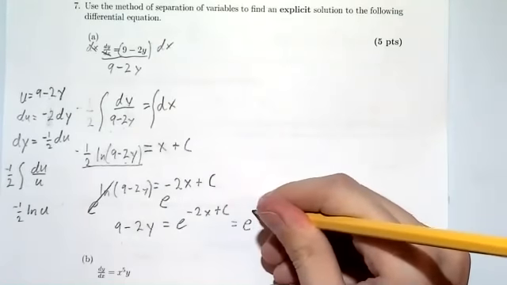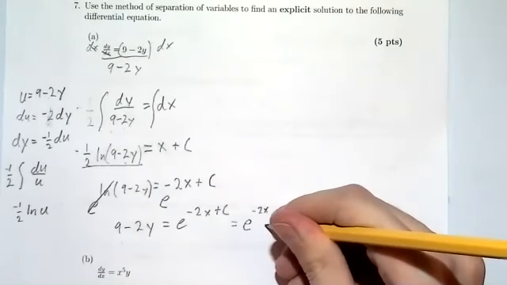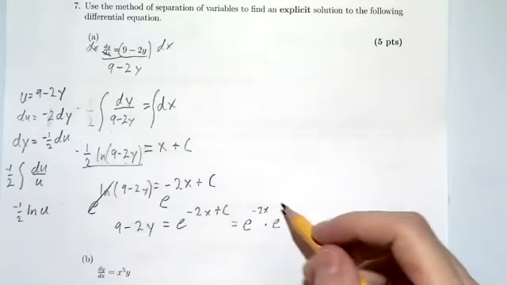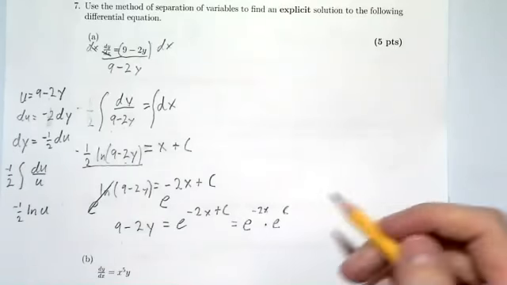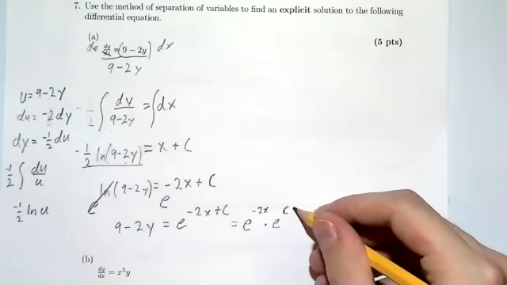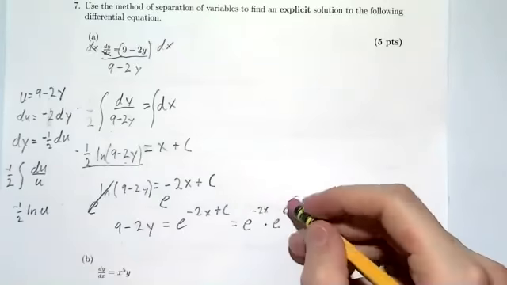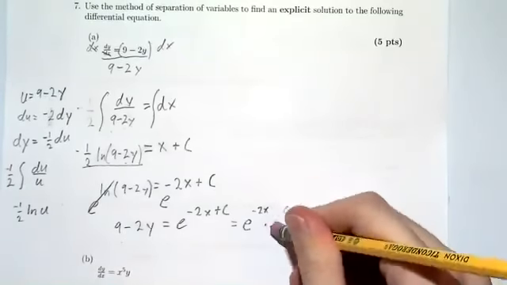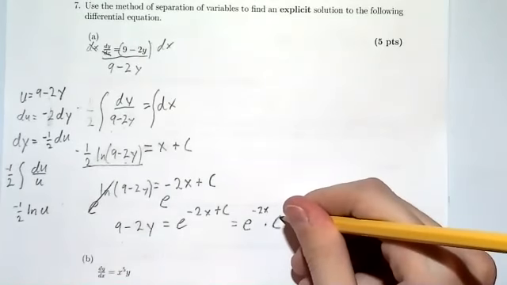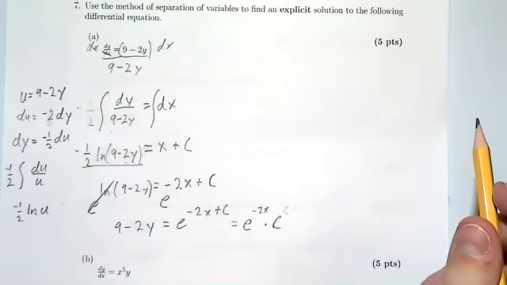So we have e to the -2x times e to the c, because when you multiply 2 of the same base, you add the powers. And because e is a constant and c is a constant, we can again simplify this to just c. So we get c times e to the -2x.